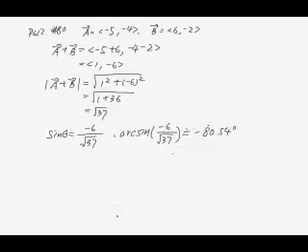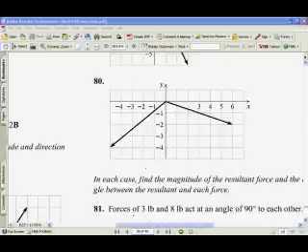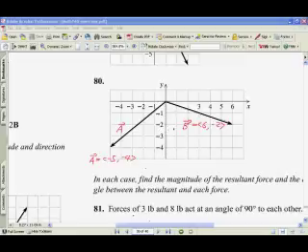And you go back to the graph. So when you add these two, finally you get 1 and negative 6, right? So this terminal point of the resultant is in quadrant 4, so it's about here.